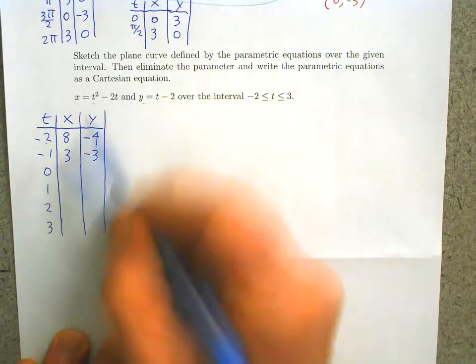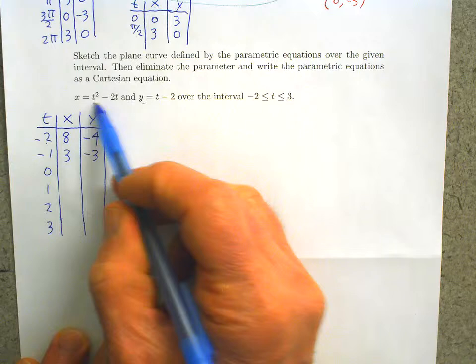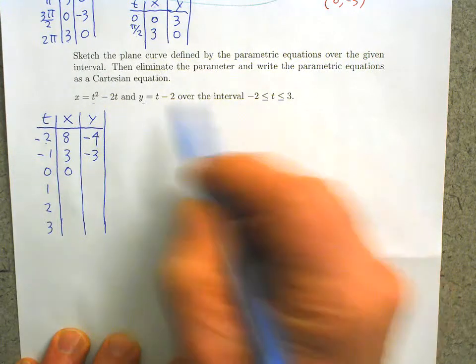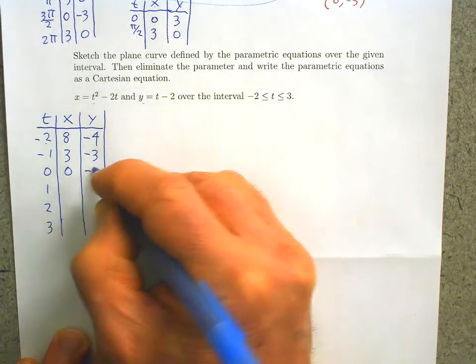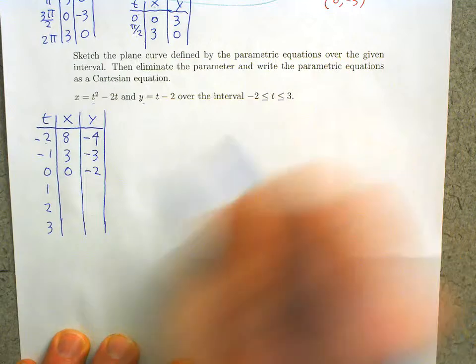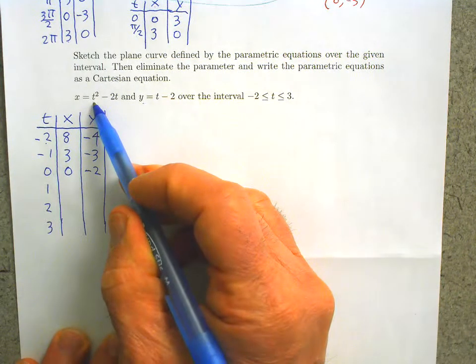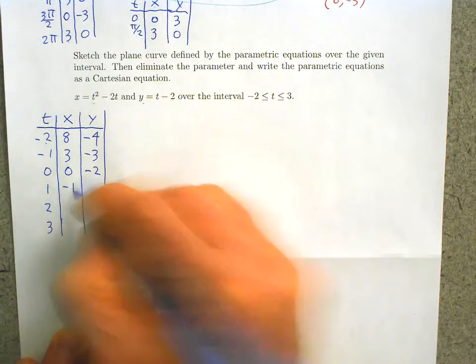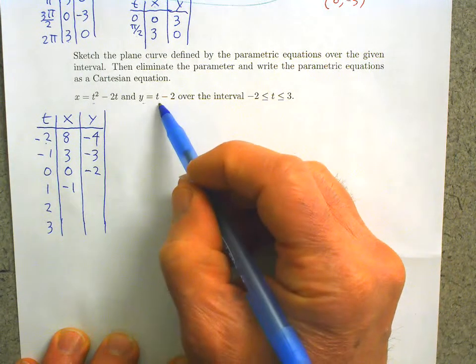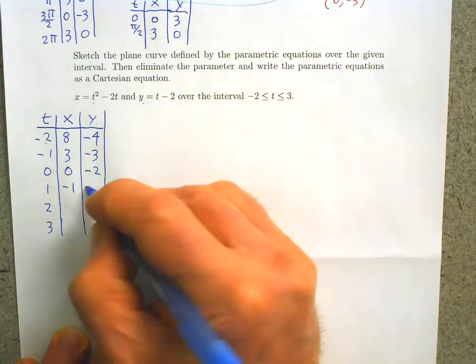When t is 0, the x-coordinate is 0, and the y-coordinate is -2. When t is 1, the x-coordinate is 1 minus 2, or -1. And the y-coordinate, 1 minus 2, is -3.